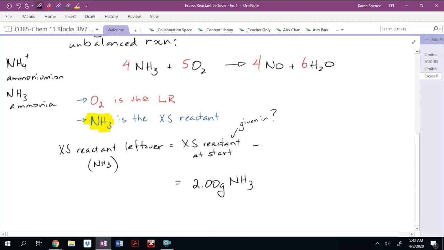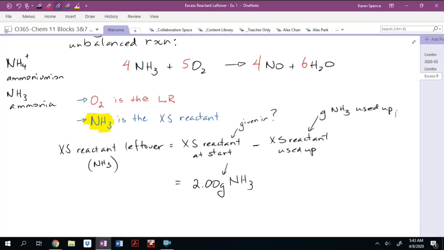And then we have to figure out how much we got used up, so we need the excess reactant used up. Well, if we're working with grams for the amount of excess reactant at the start, then this is going to be our grams of NH3 used up. Who is using it up? Well, that's going to be your O2. All of your O2 is going to react, and whatever of the NH3 reacts will be however much goes with the O2.